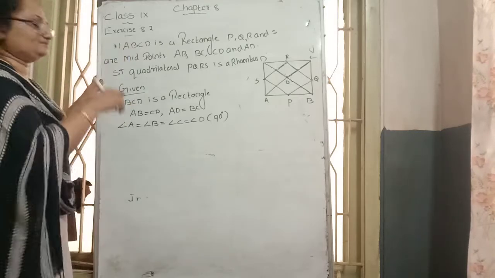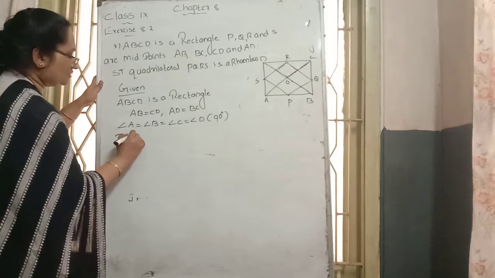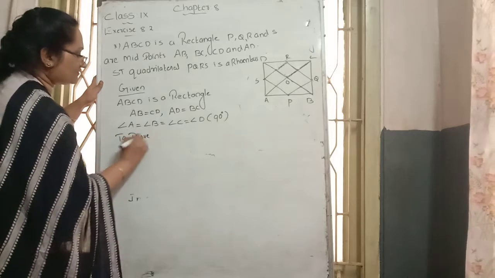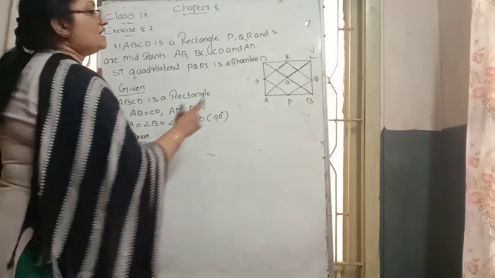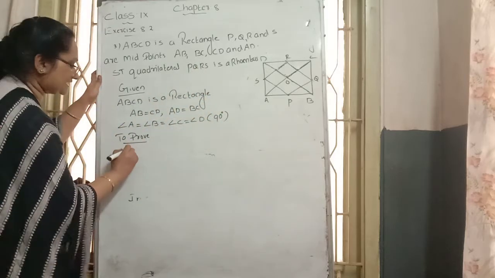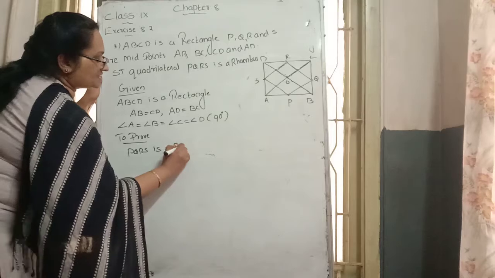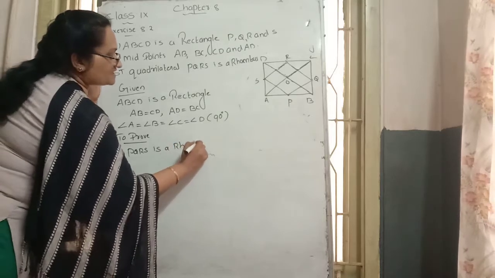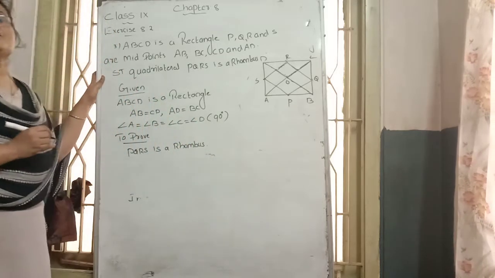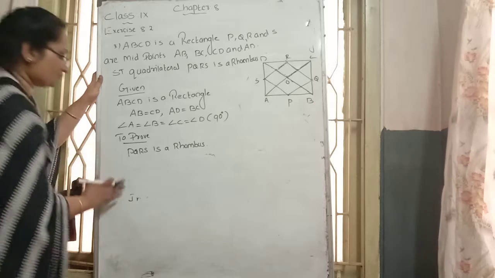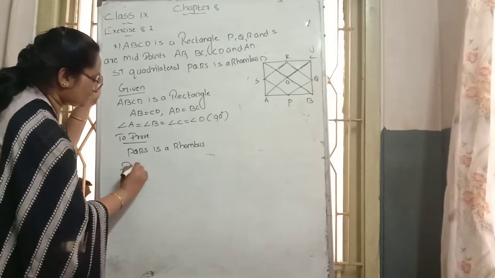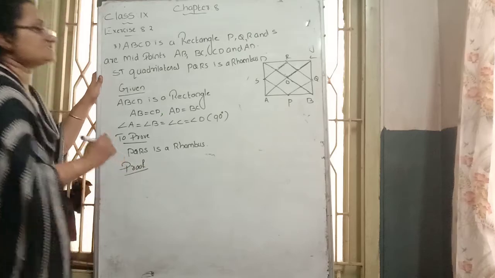It is given. Then what we want to prove here is that the inside figure PQRS is a rhombus. Rhombus property: all sides become equal. We want to prove that. How to prove that? In this proof also, we consider some triangles.